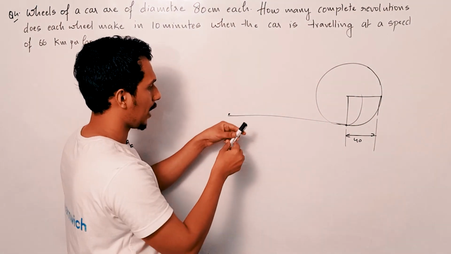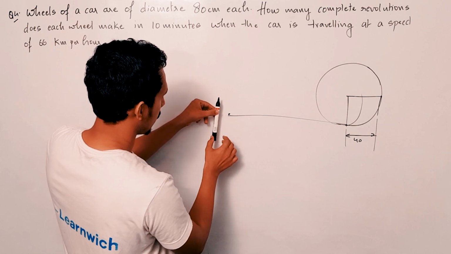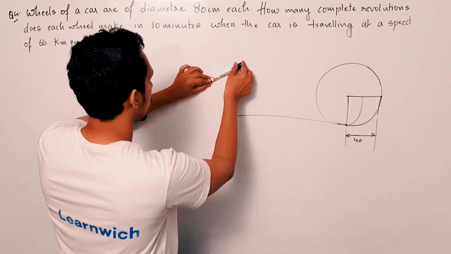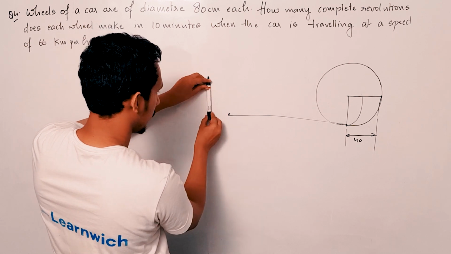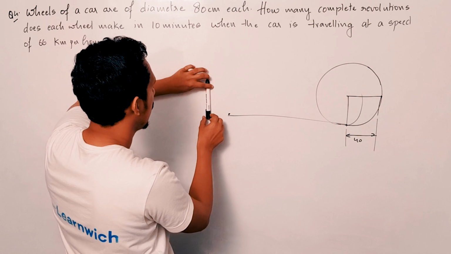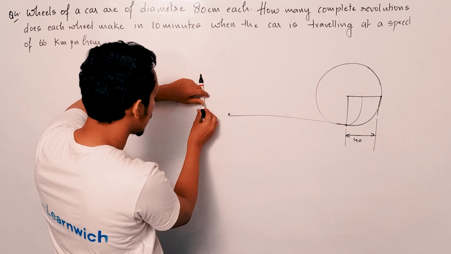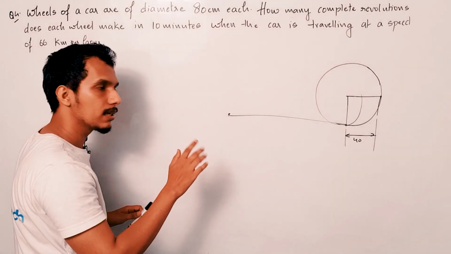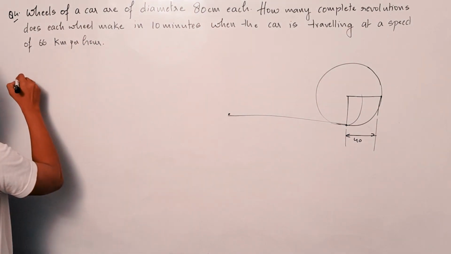Since this is in contact with the ground, this will move forward. So when it travels this much distance, it is traveling the distance equal to the circumference, no?